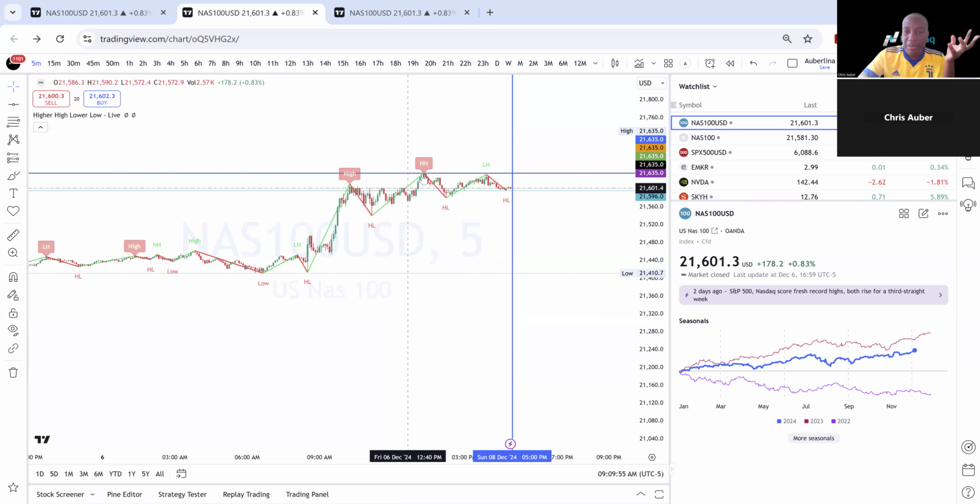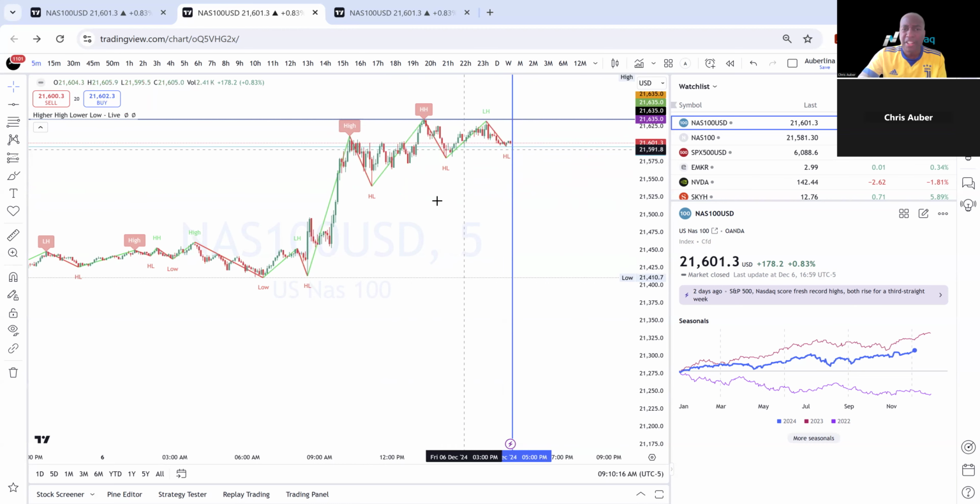Notice price came up, I'm in profit at a higher high. It came back down, it made a higher low below my entry. Came up, it made a lower high. Came back down, rested. This is where it ended, right at my entry point. So I'm basically break even on this trade right now. As a matter of fact, it's in a little bit of profit and everything.